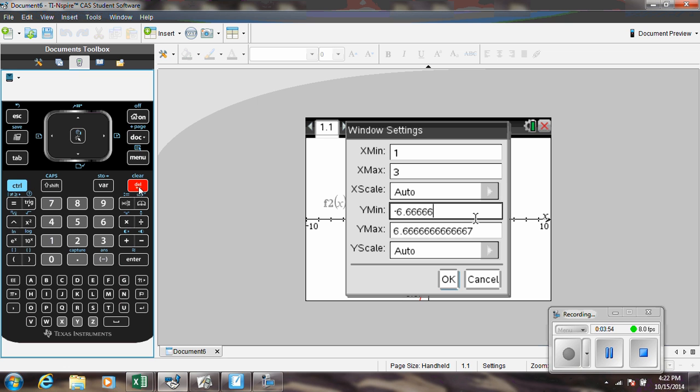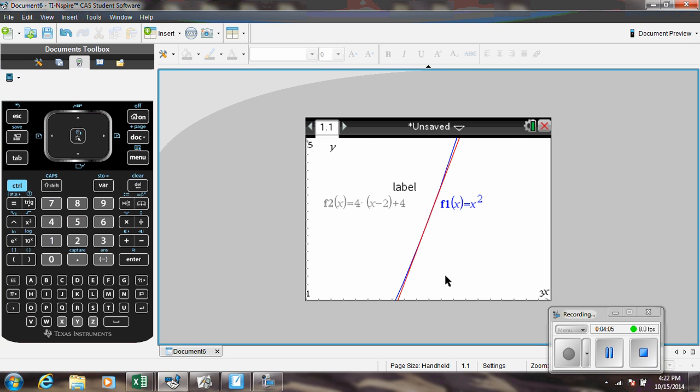The y height for the point of interest is 4, so let's go 1 below and 1 above the 4. Under this window, we could take a look at our graph and then say, what do you notice about these two? Well, it should be jumping out to you that these things are really, really close. Visually, at the top of the graph, we can see that the red and the blue lines are actually a little bit off, and at the bottom, we can see the red and the blue are a little bit off.